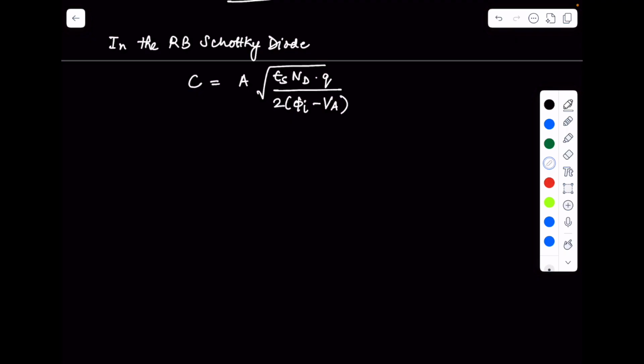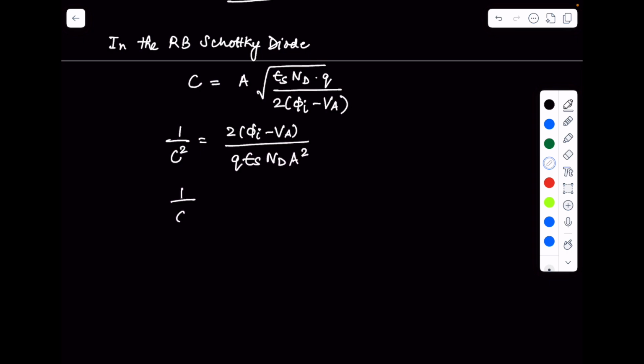If I take the reciprocal on both sides and square both sides, I get 1/C² = 2(φ_i − V_a)/(q ε_s N_D A²).